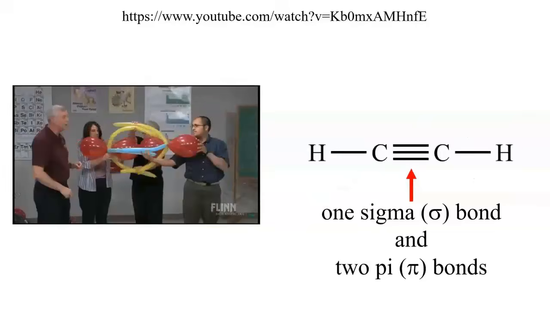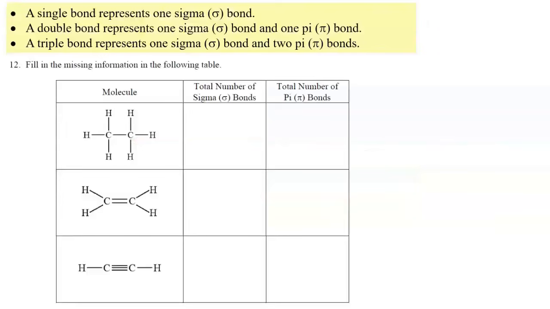And then the presenter goes on to show two different colors of those skinny balloons to represent one sigma bond, which are the red balloons in the middle, and then the yellow and the blue balloons represent the two pi bonds with that side-to-side overlap. So again, that video might be helpful to you to help you visualize what's going on in terms of the orbitals and the overlap.